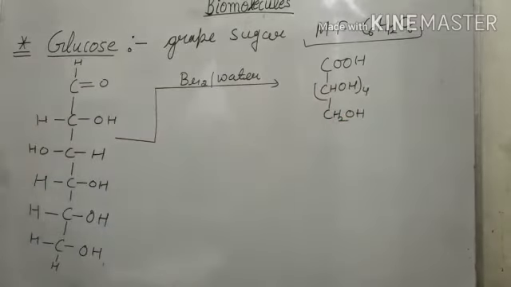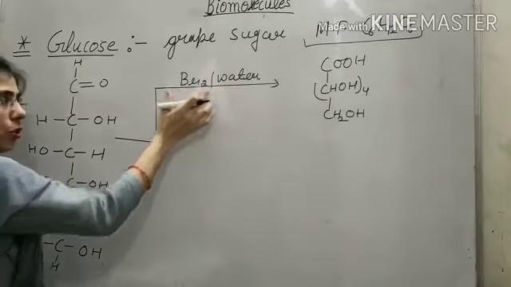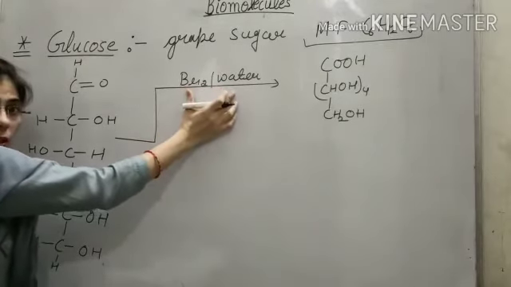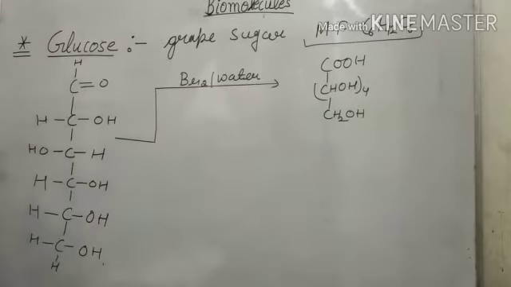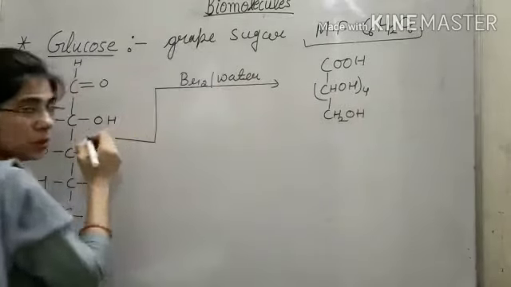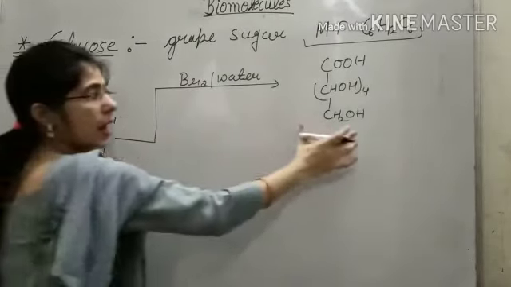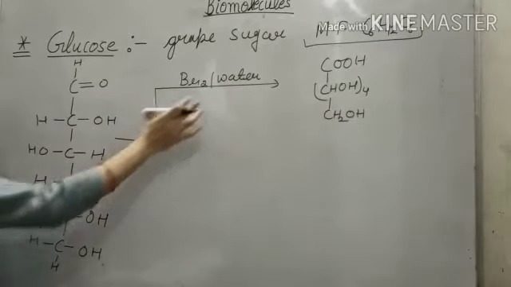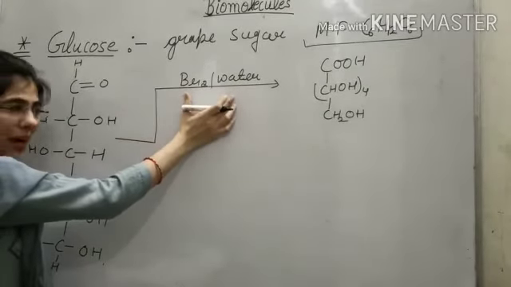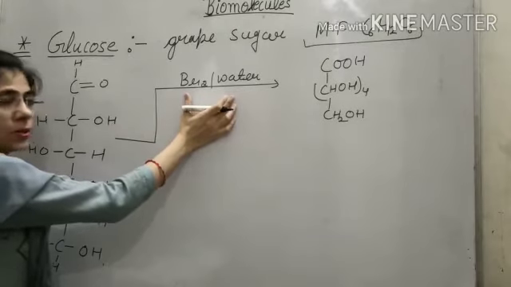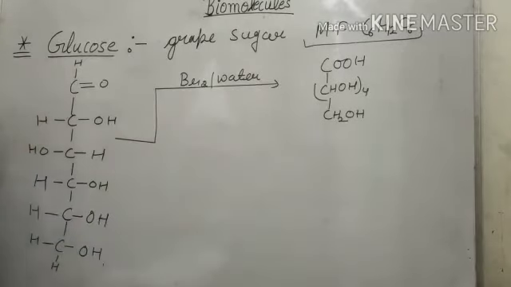The formation of gluconic acid with bromine water proves that the carbonyl group present in glucose is an aldehyde group, as bromine water is a mild oxidizing agent and oxidizes only aldehydes, not ketones.